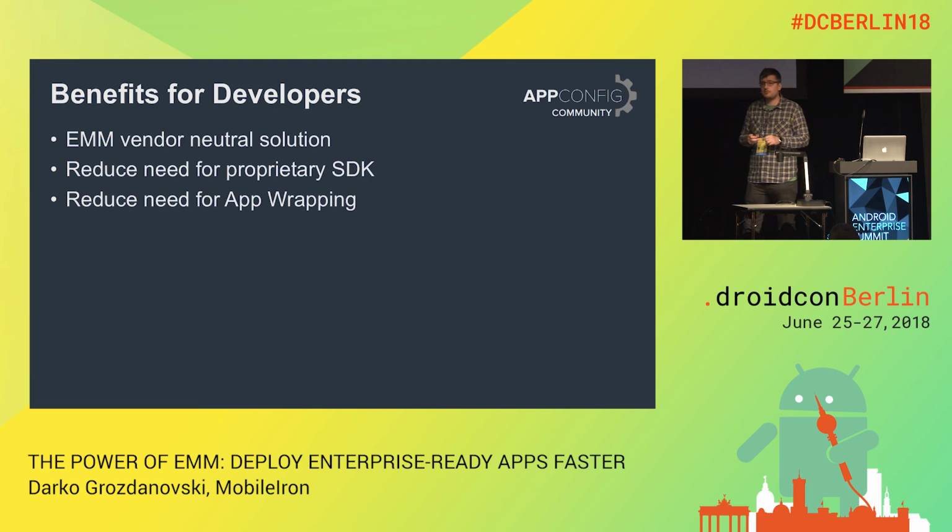So what are some of the benefits, what do developers get from this? Basically, as I said, this is a very EMM vendor-neutral solution. So you develop your application for one EMM, you test it with one, and you can pretty much be sure that it will run across every single organization and every single EMM you encounter during your sales cycles inside the company.